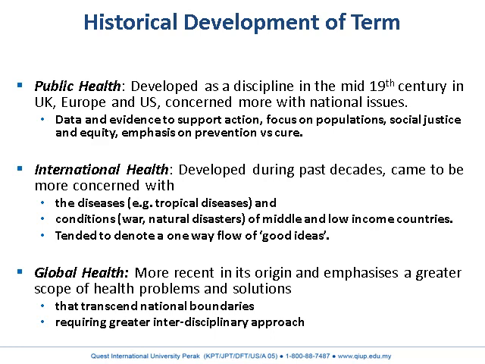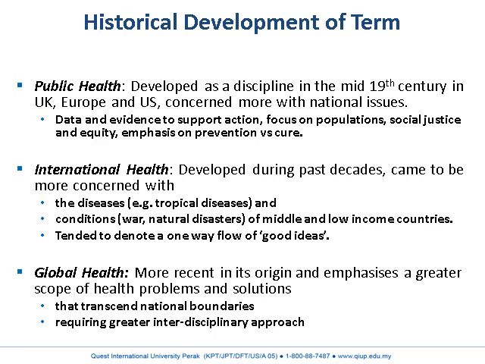Now the new term that evolved was international health. International health developed during past decades. Okay, it came to be more concerned with diseases, tropical diseases. Tropical diseases were more in underdeveloped countries.